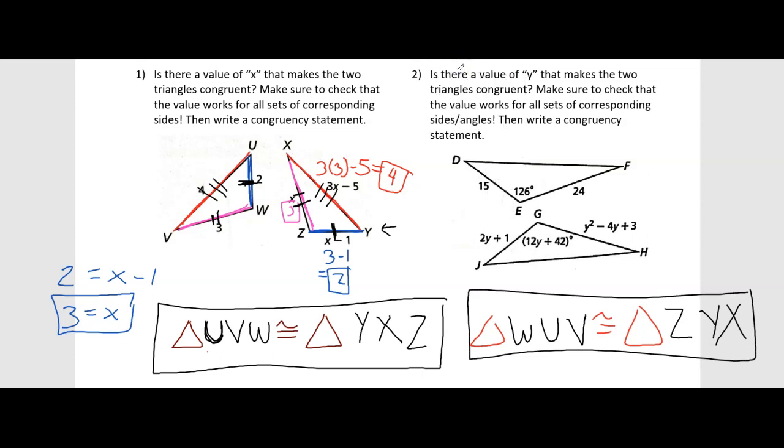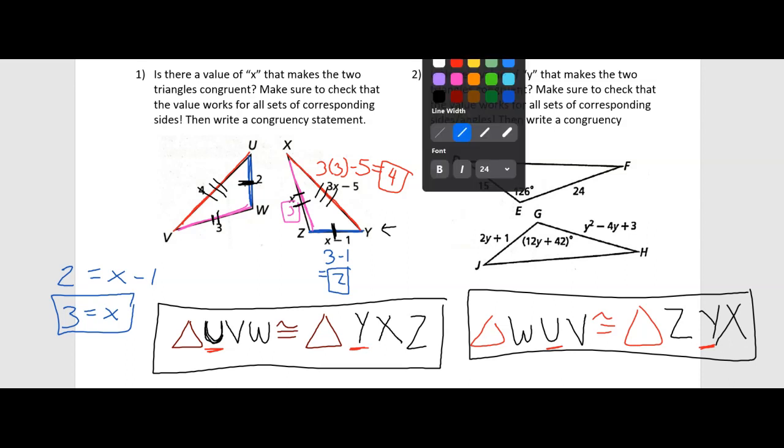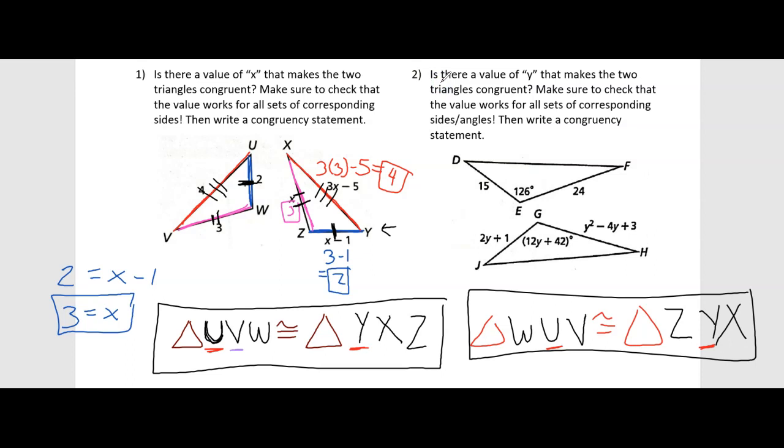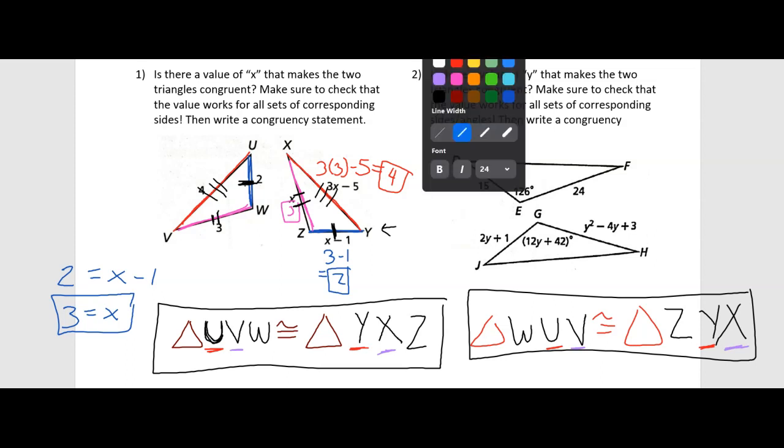Notice that, right, U and Y are still in the same position in both triangles, right? They're first in the first statement, they're second in the second statement. Then we look at V and X. Second place in the first statement, third place in the second statement.